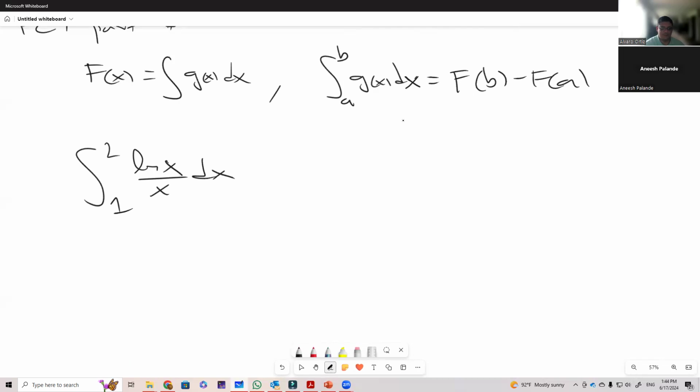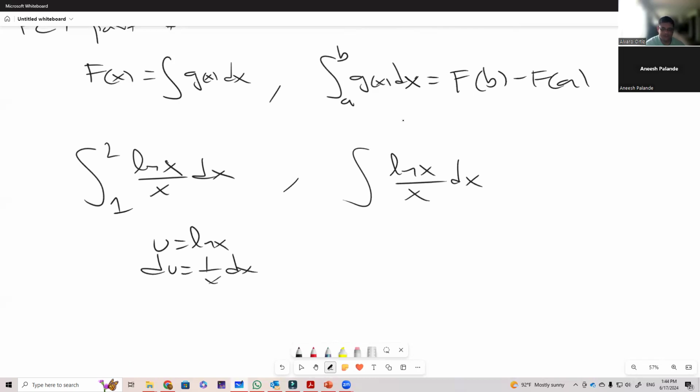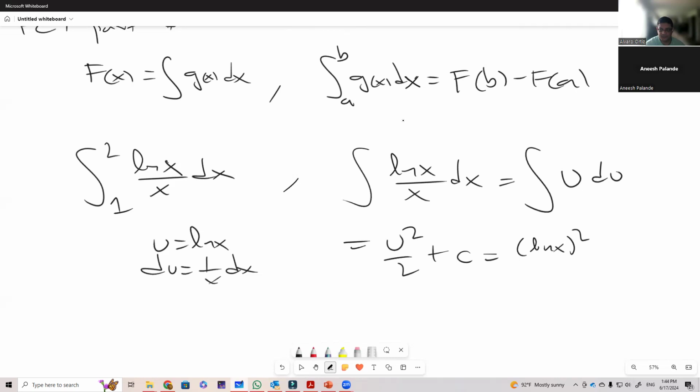I can forget about the limits of integration for a bit and say, let u equal log of x, so du is 1 over x dx. So I can see this as substitution, as u du. This is going to be u squared over 2 plus c, or simply log of x squared over 2 plus c.